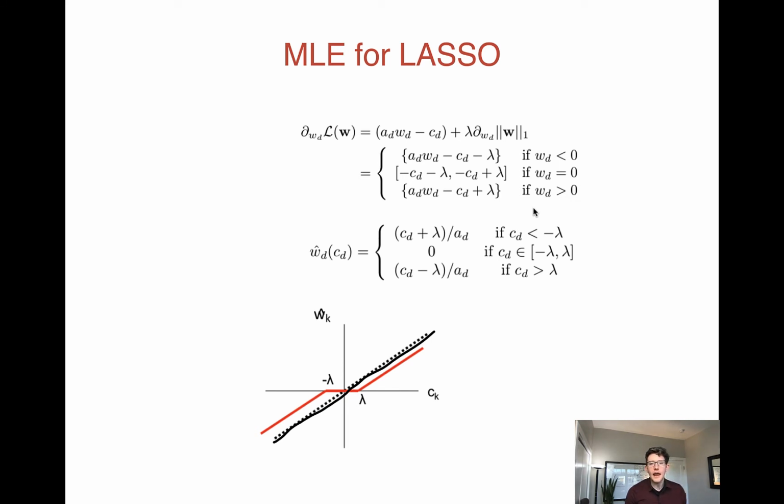With our L1 regularized lasso, we get instead this line. If CD is a large negative number, we set it to that value plus a little bit. Vice versa, if it's a large positive number, we set it to that value minus a little bit. And if it's anywhere within this range, we set it exactly to 0.